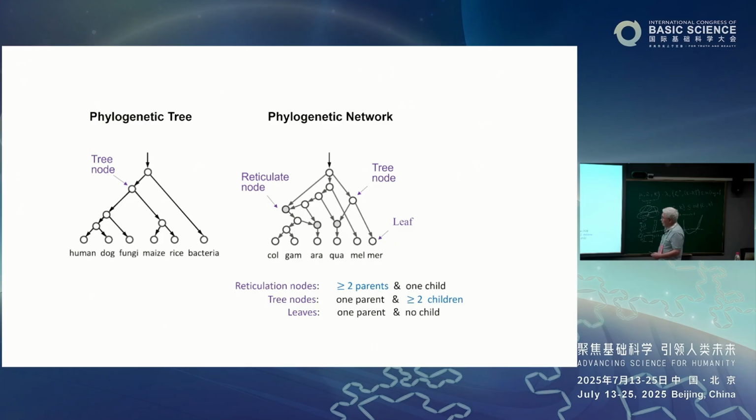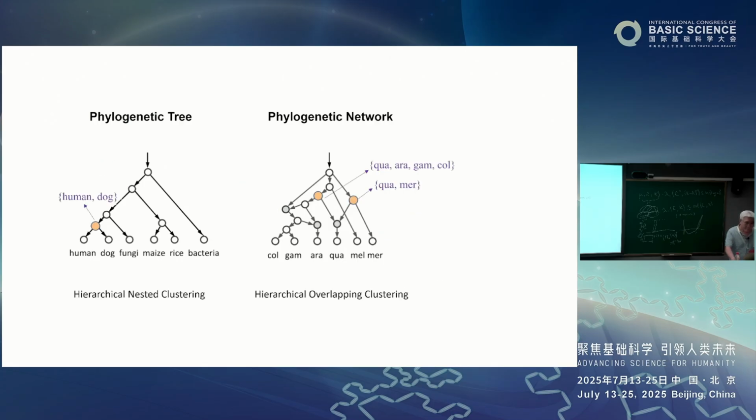This node represents a reticulate evolution event. Mathematically, evolution is the reverse of the clustering process.